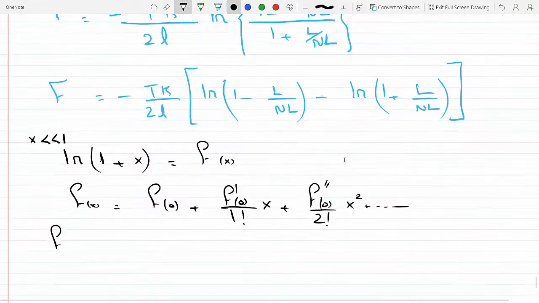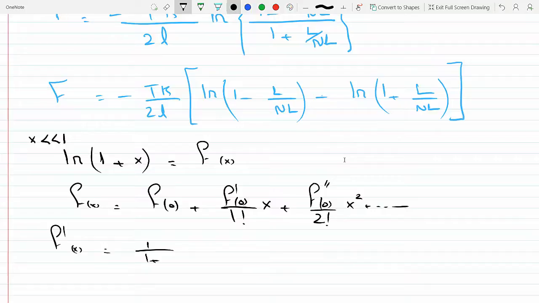Okay, so f prime here would be 1 over 1 plus x, and f of 0 would be 0. f prime of 0 would be 1.